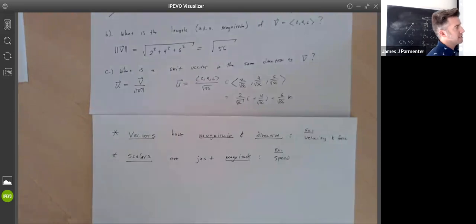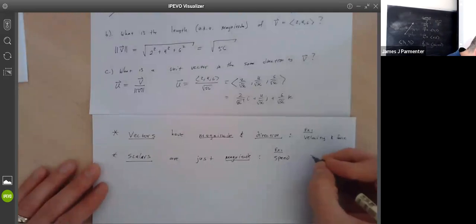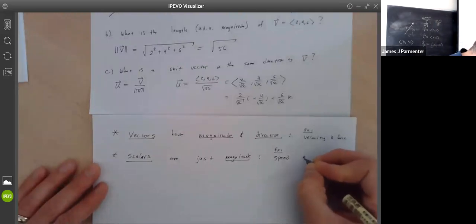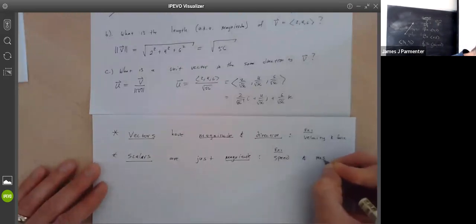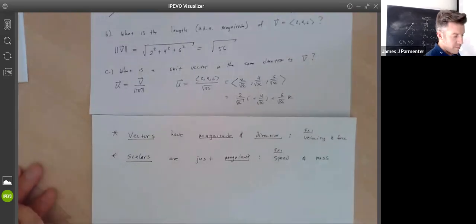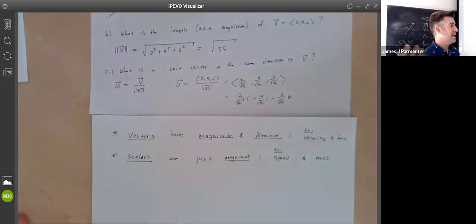My mass is measured in kilograms, and my weight in the metric system is measured in newtons. Kilograms times the acceleration of gravity. So magnitude is just mass, and then force is mass times acceleration.